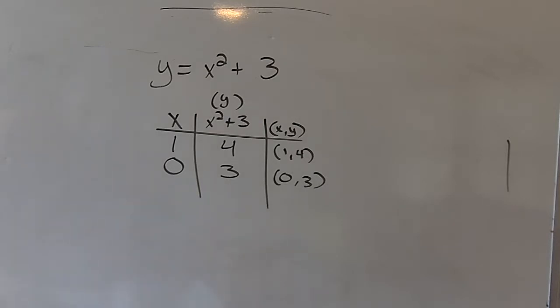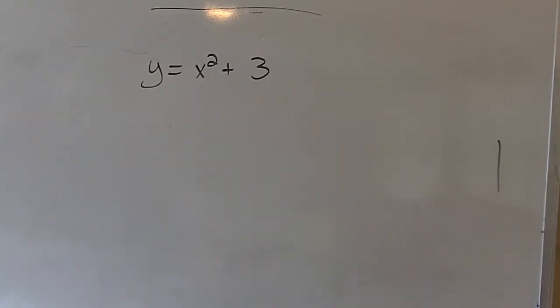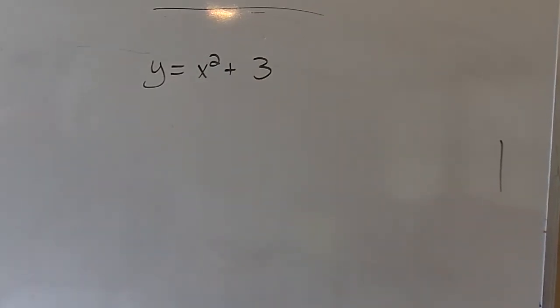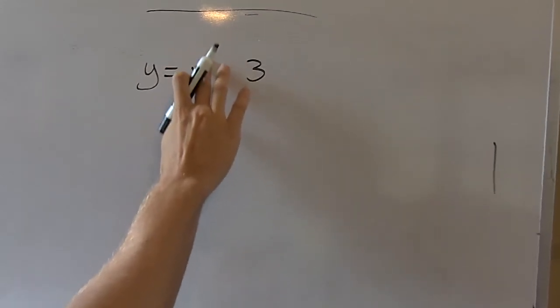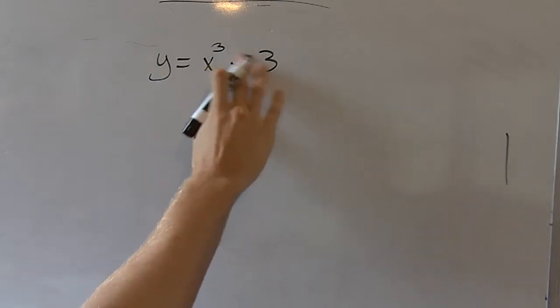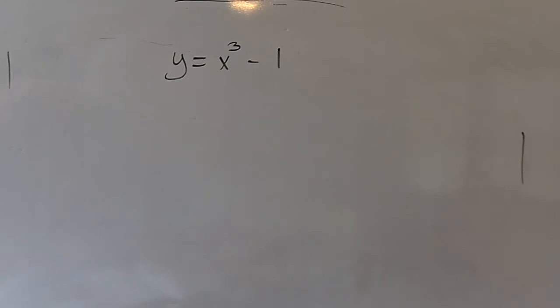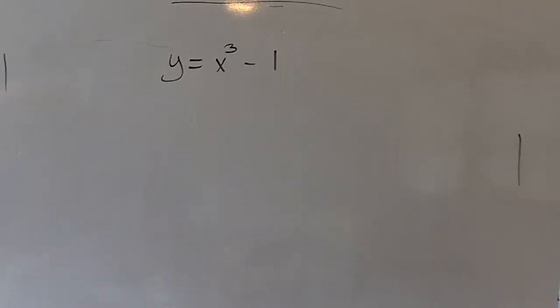A cubic function is pretty much the same exact thing, except now we're working with a function that has an x to the third power. So instead of seeing y equals x squared, you may see y equals x cubed, and we'll go with minus 1 this time, just to change it up a little bit.